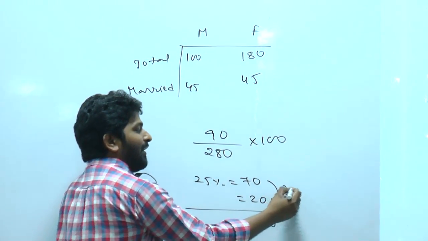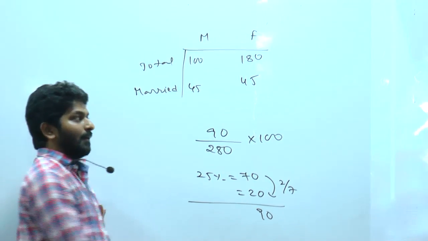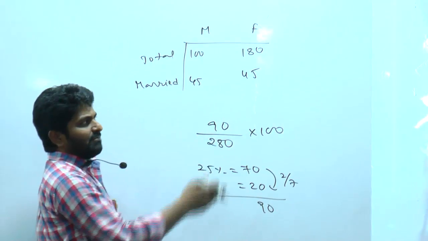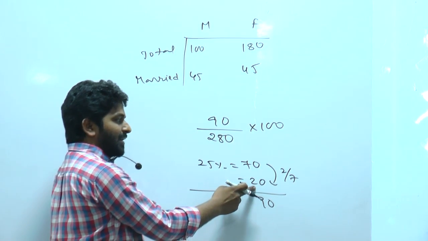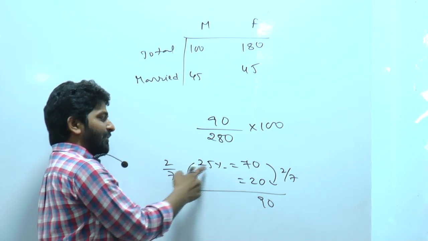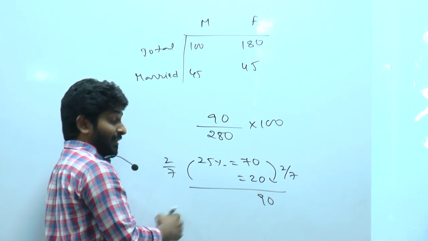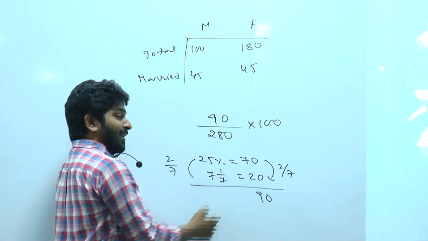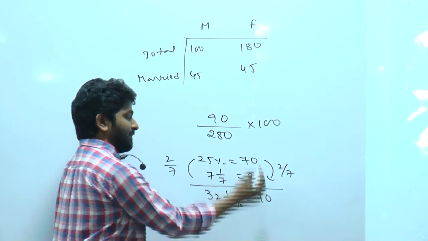From here it occupies 2/7, right? 2/7 of 70 is 20, right? Yes or no? Calculate 2/7 here. 2/7 of 20, 50 by 7. 50 by 7. 7, 1 by 7. Total 32 1 by 7%.